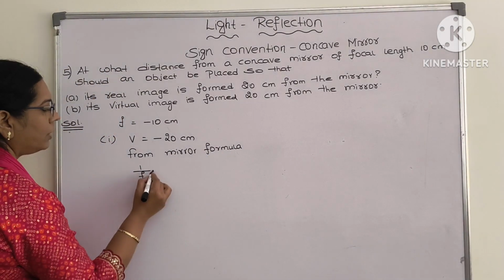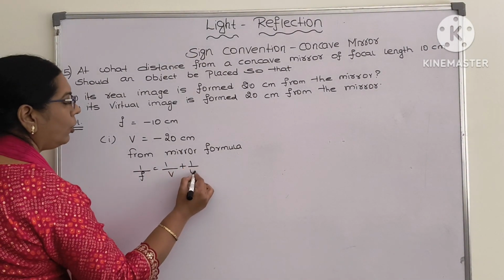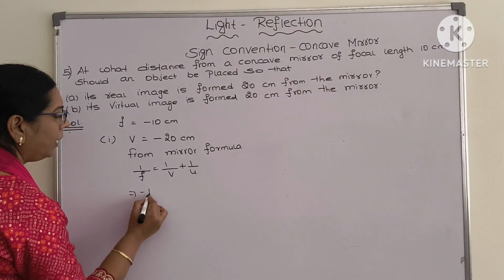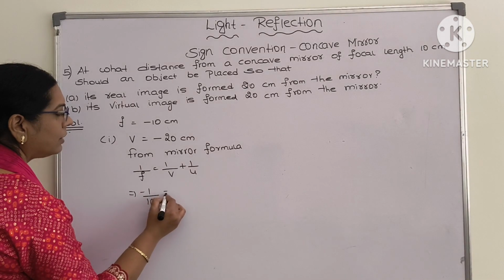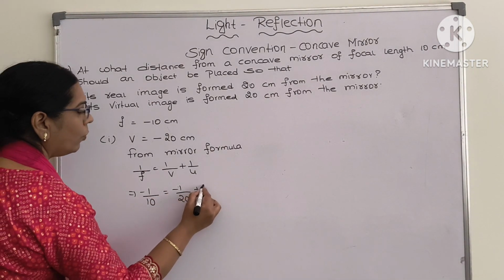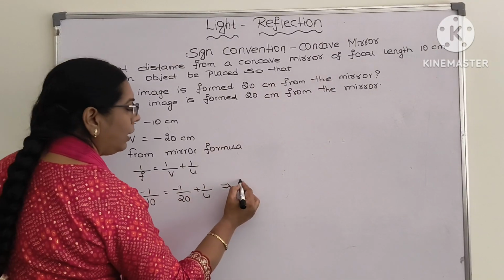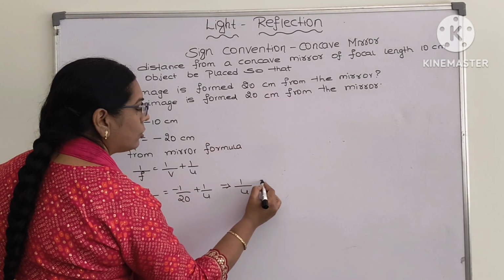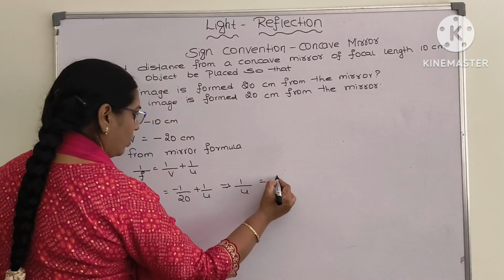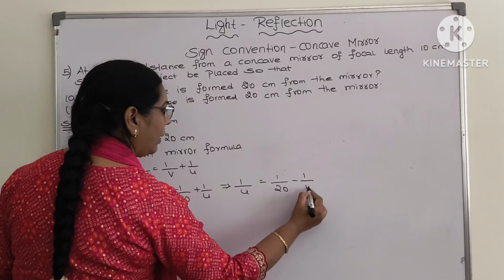From the mirror formula, 1 by f is equal to 1 by v plus 1 by u. That implies minus 1 by 10 is equal to minus 1 by 20 plus 1 by u. On transposing minus 1 by 20, I will get 1 by u is equal to 1 by 20 minus 1 by 10.